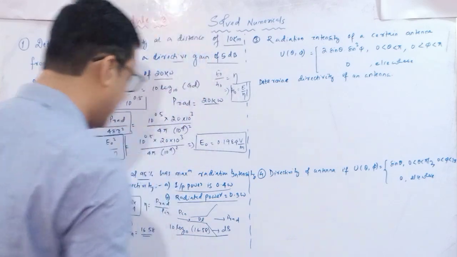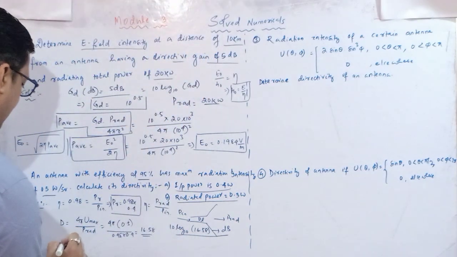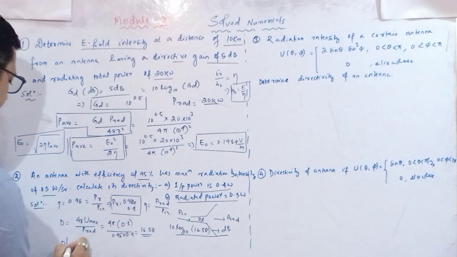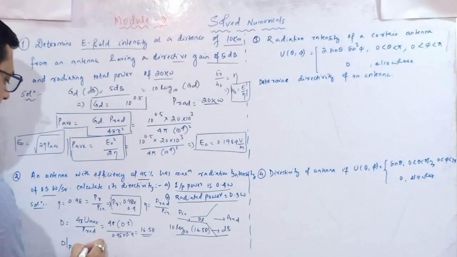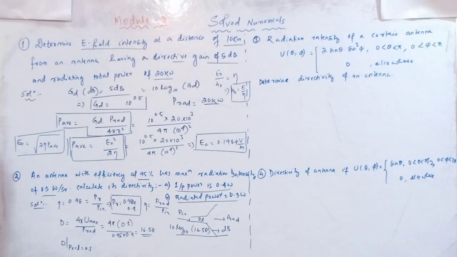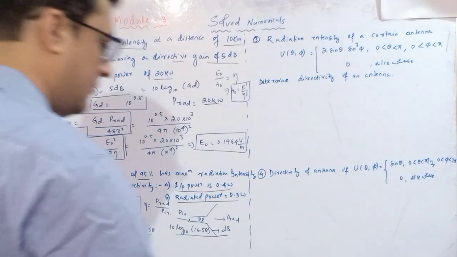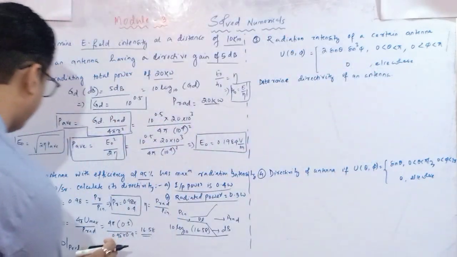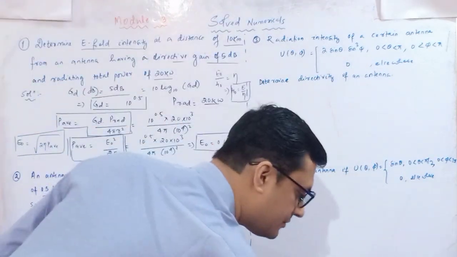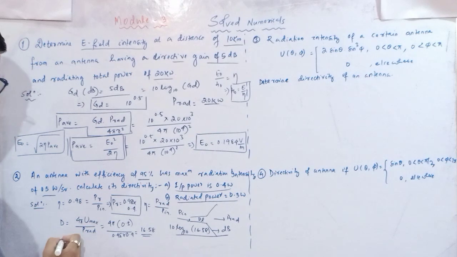So in that case, your directivity at radiated power equal to 0.3 will become 4 pi into 0.5 divided by 0.3.